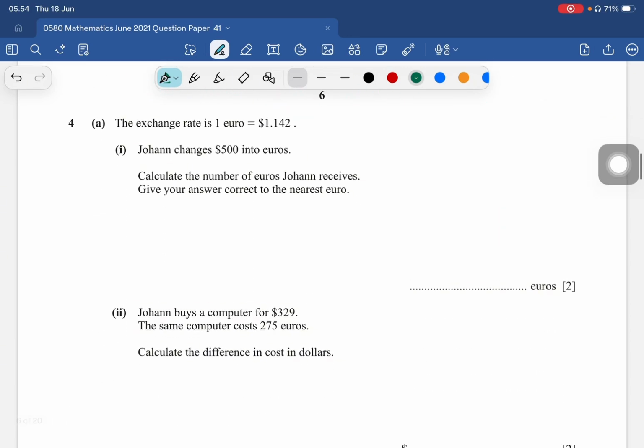Okay, number 4, the exchange rate is 1 euro equal to $1.142. Johan changed $500 into euros.